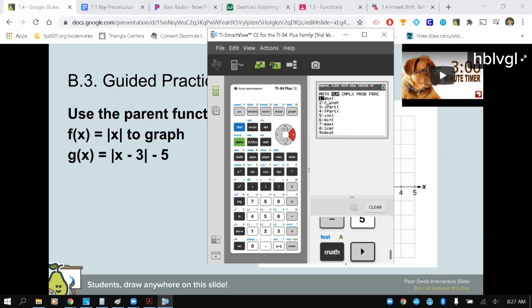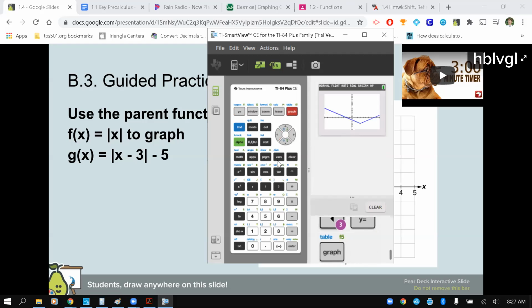Abs, if you need to round something, find the integer, min, max, least common multiple. There's a whole bunch of stuff. I think that helps you find the conjugate and convert stuff to polar or to rectangular. This is your stats. When you do problem stats, you'll learn what all these do. Okay, but you want to go to the number and then hit abs and then graph and then boom.